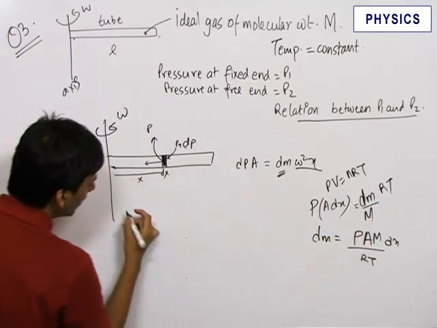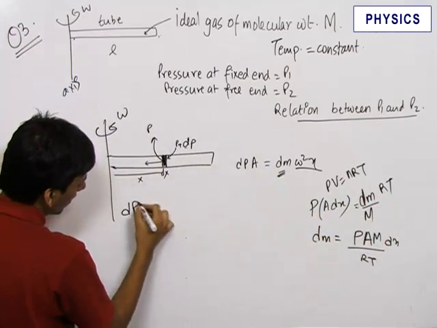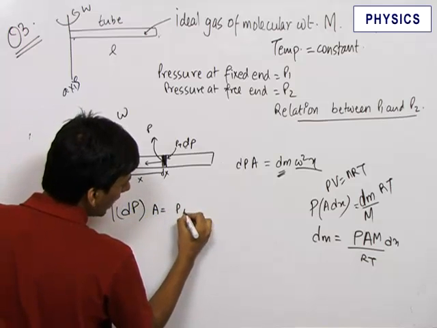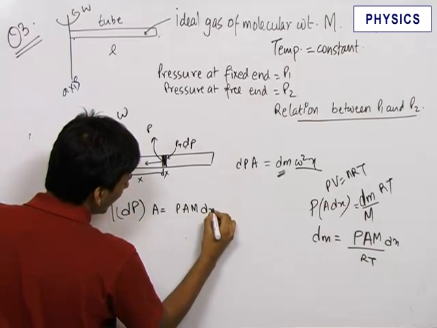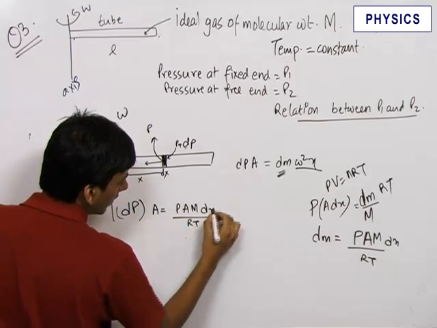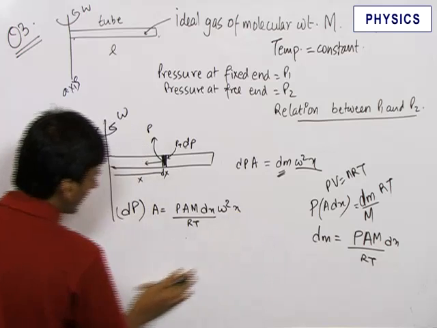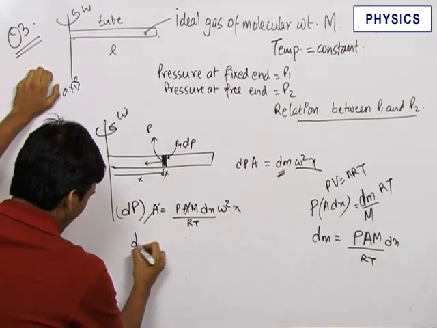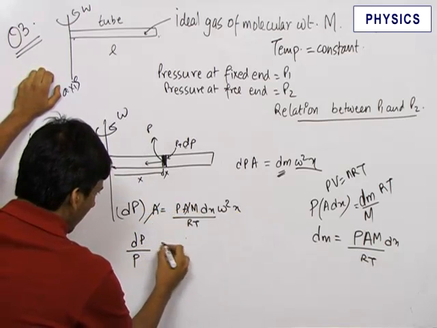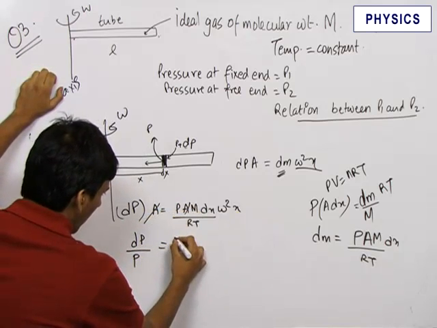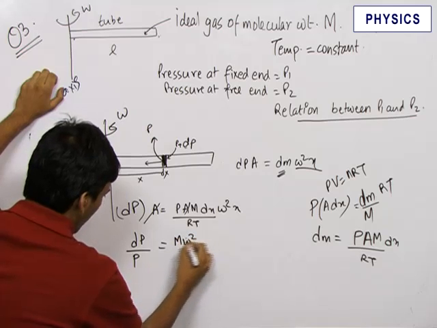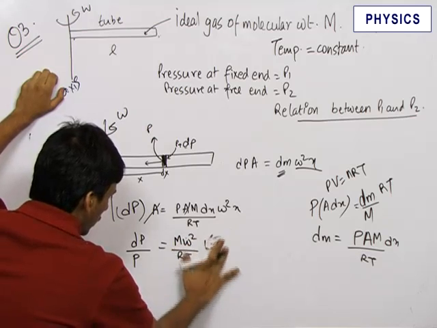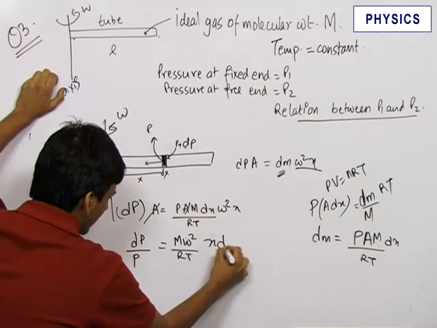We substitute this value here to get dP into A is equal to PAM dx upon RT into omega square x. Now from here A gets cancelled and we get dP upon P is equal to M omega square upon RT into x dx.